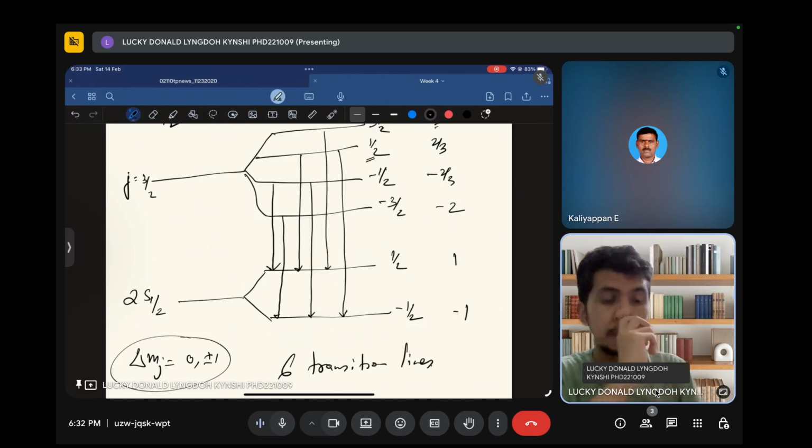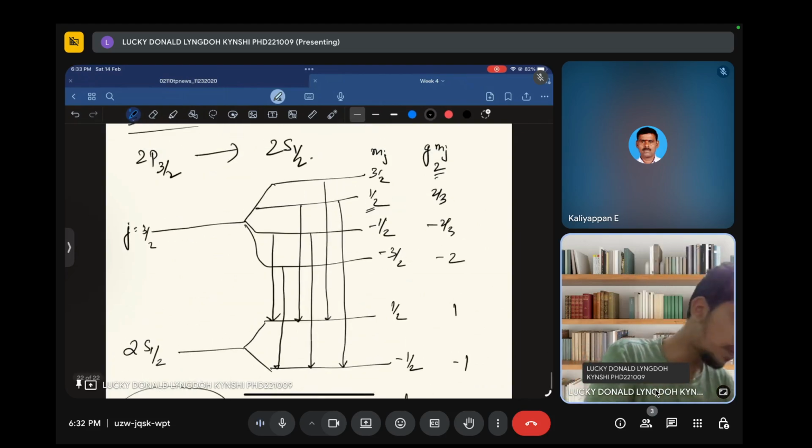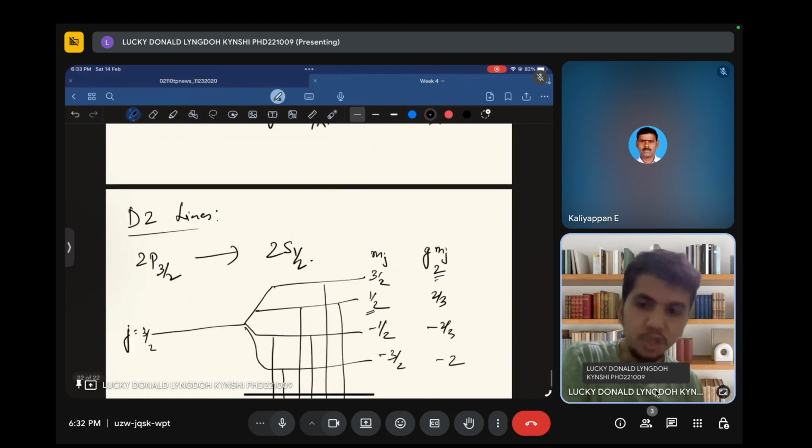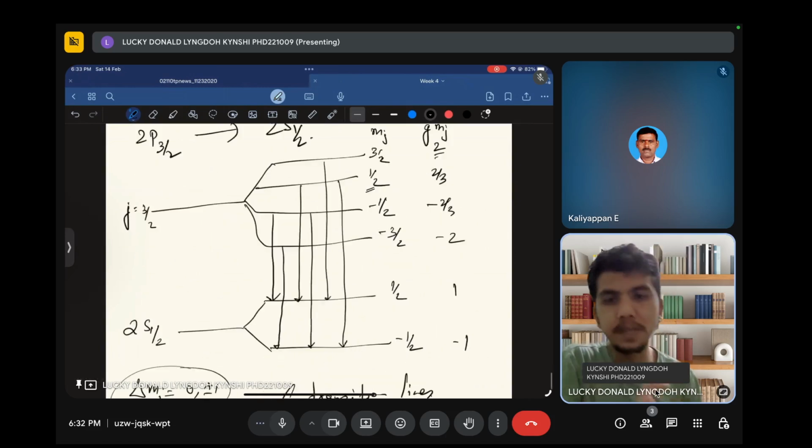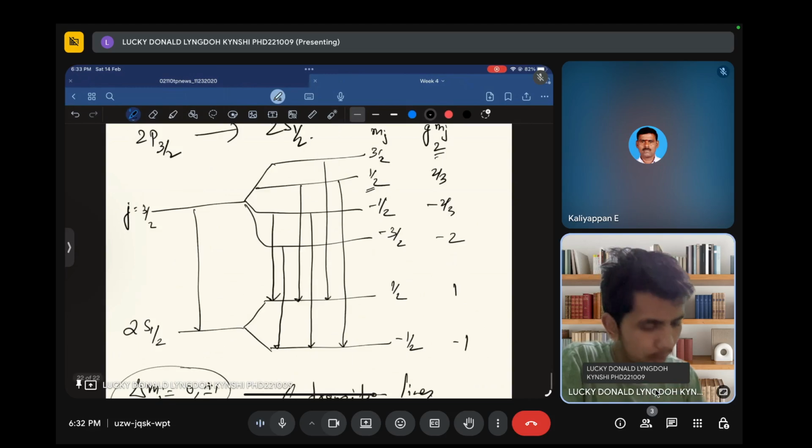So ideally what happens is that with the application of the magnetic field, you have different transitions possible. Instead of getting only one transition without the magnetic field, we get more spectral lines.